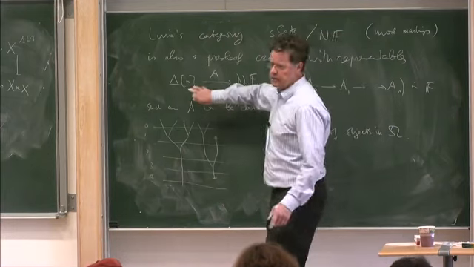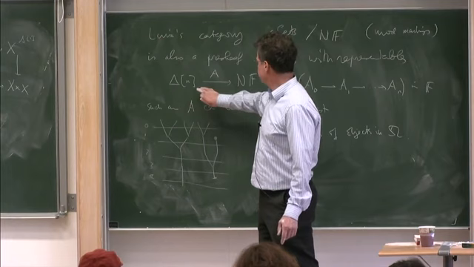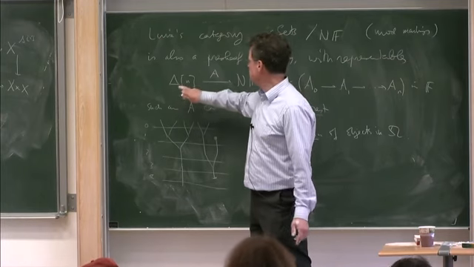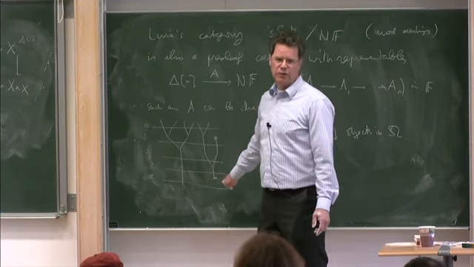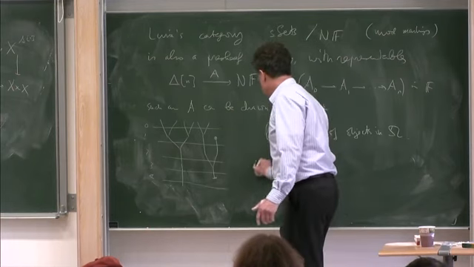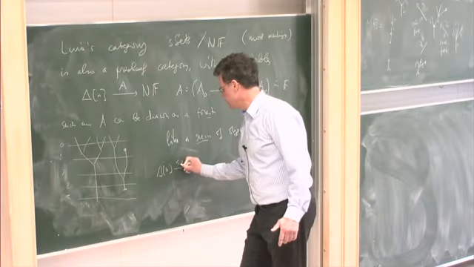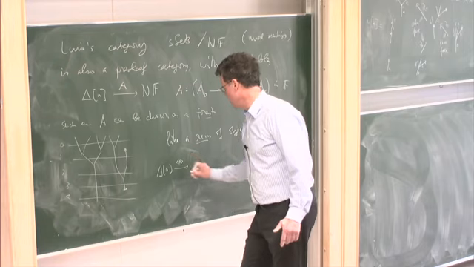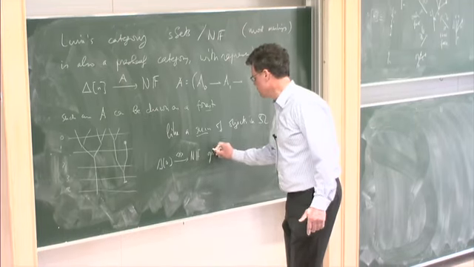But there's something a little bit strange on this Lurie's side. Namely, if you take the vertex, which is the empty set, then you will get the empty forest. So delta 0, maybe I call it 0 NF, gives the empty forest.